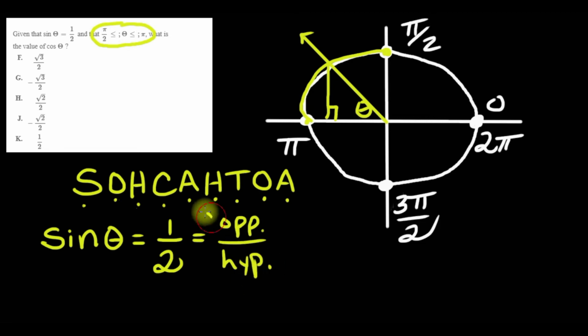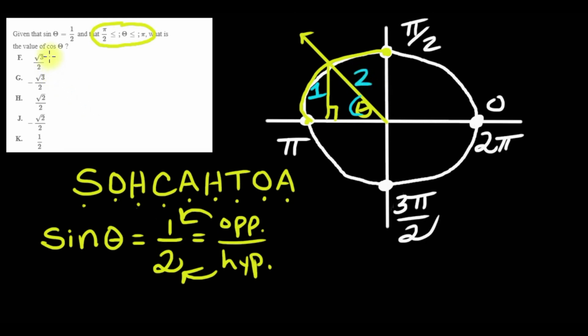So the 1 is the opposite side, and the 2 is the hypotenuse. So we go back here, we can label the 1 and the 2. Theta is here, so opposite is 1, so the 1 is going to be here. Hypotenuse, that's the side that's opposite from the right angle, so that side is here.